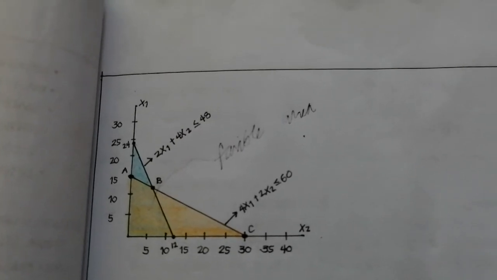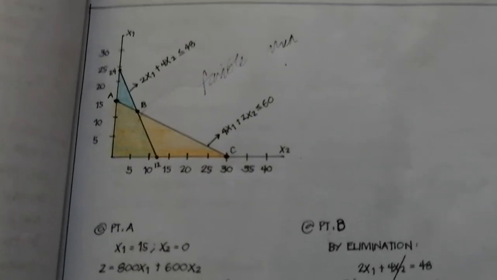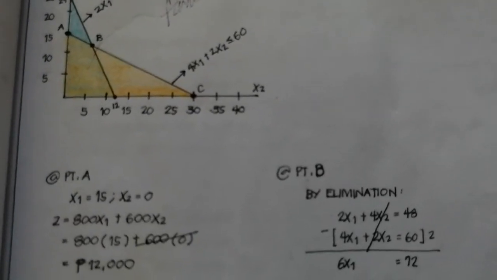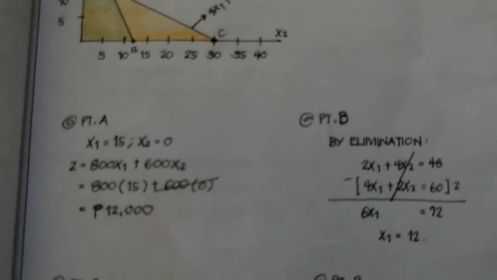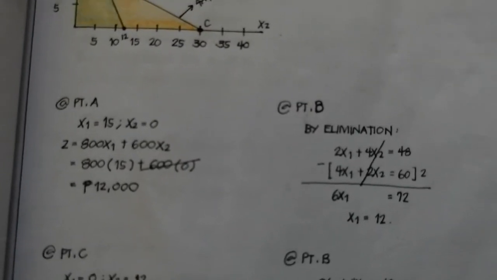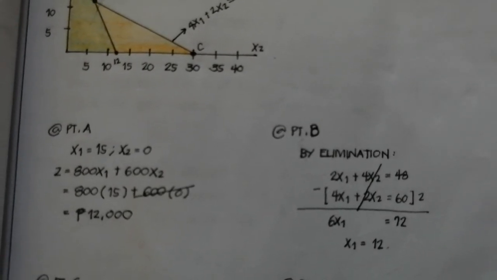And from that feasible area, you'll be able to see the corner points. We have A, B, and C. For A, the value of x1 is already given. So x1 is equal to 15 and we don't have any value for x2. That's why if we substitute it from the profit formula that we have, in point A, the total profit is 12,000.